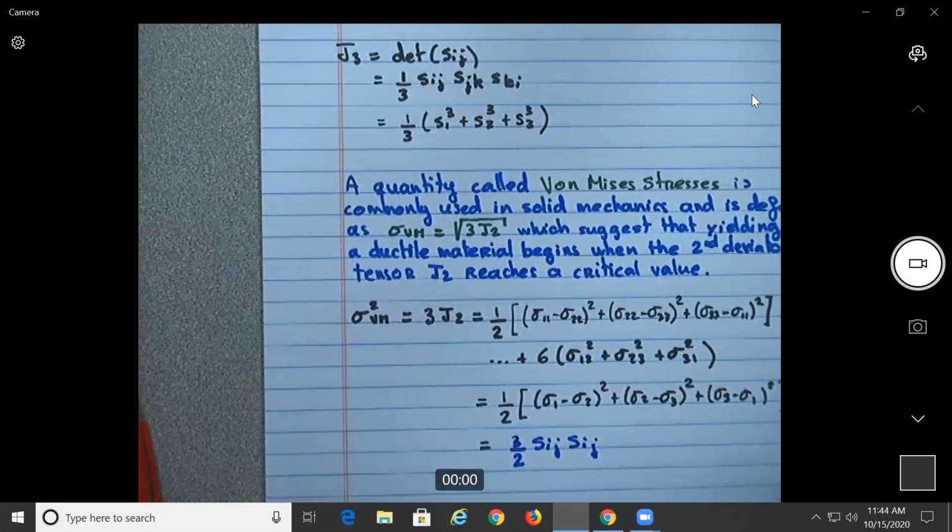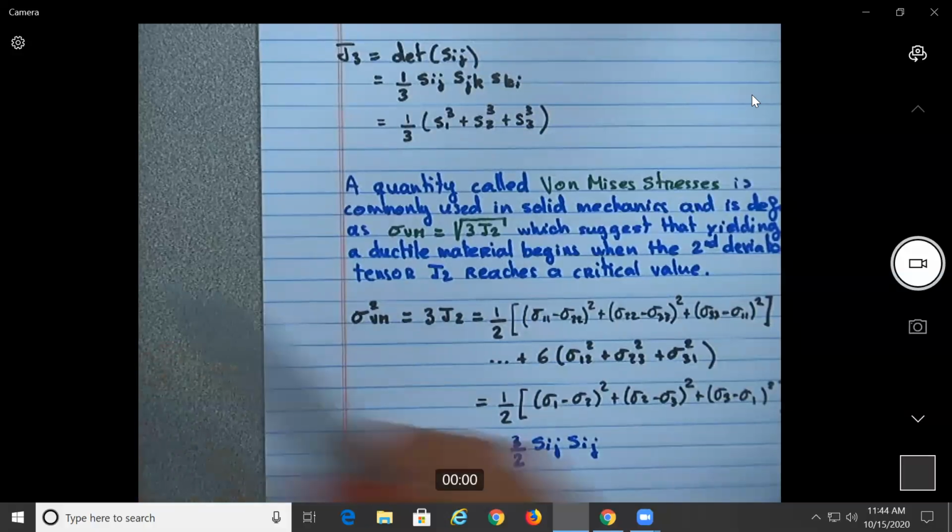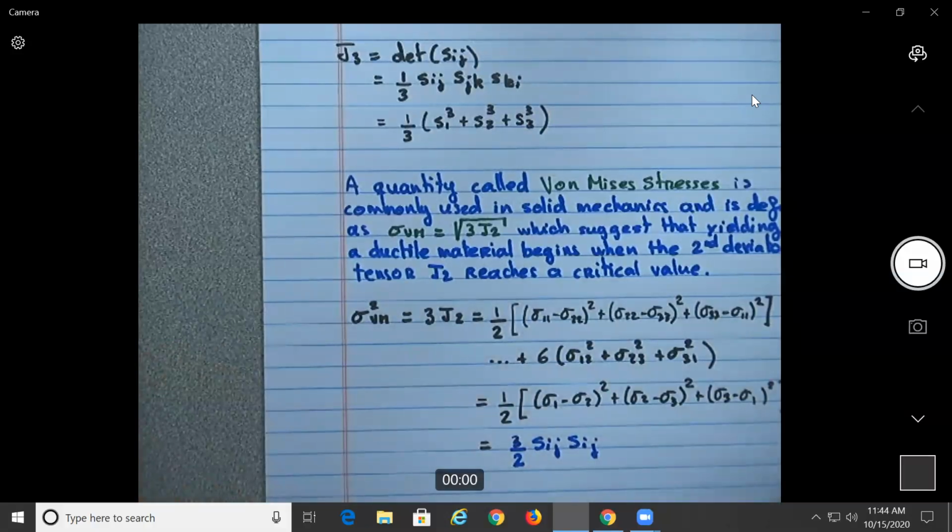Okay, so again, this is not that important here. I mean, it is important from the conceptual point of view, but really what you need to know from a practical point of view is that so far we have studied two different stresses, and that's why I do both of them. First one we did were the principal stresses, okay? From the principal stresses, you can define the von Mises stresses, all right?